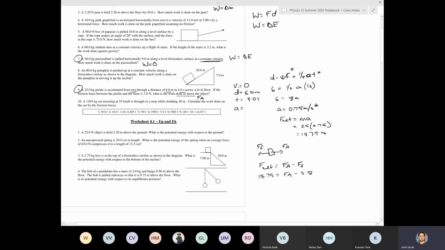And so 18.75 plus 3.8, my FA is 22.55 newtons. Okay, and so then when I'm trying to find the work that's done to move the object, which is done by FA, my formula becomes work equals FA times D. So 22.55 times 6, 135 or 140 joules. So that's what the answer is.